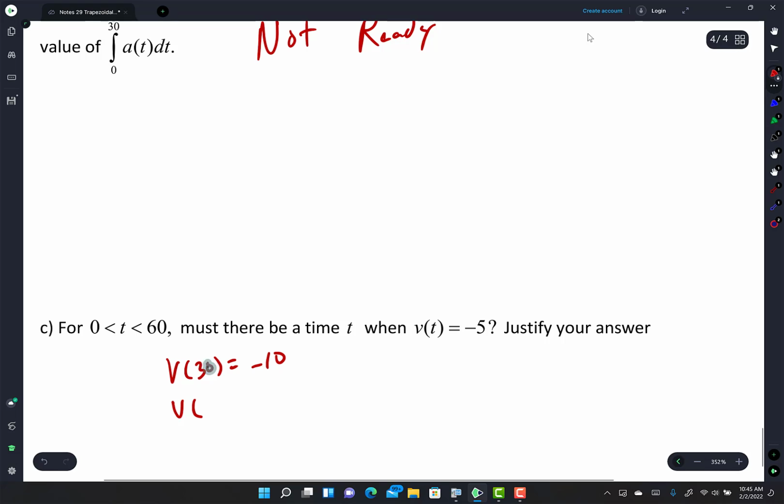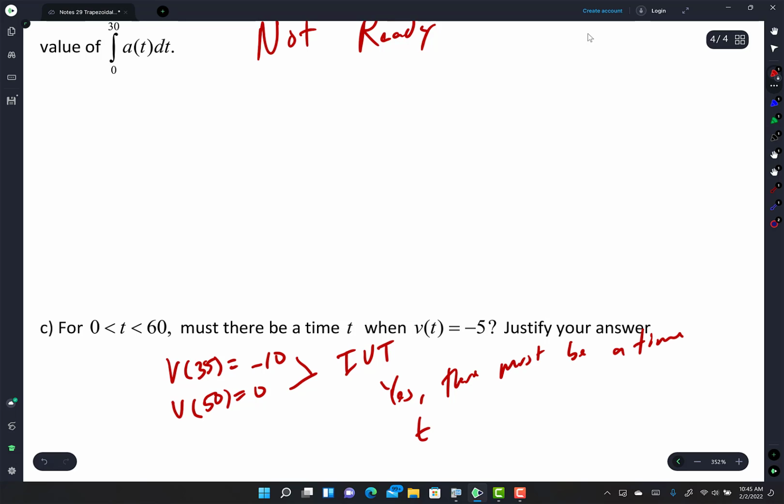How come you guys didn't fix me? V of 35 equals negative 10. V of 50 equals 0. And then I would go IVT. And then I would say, yes, there must be a time t, and in parentheses, I will say where t is between 35 and 50, and then close parentheses.